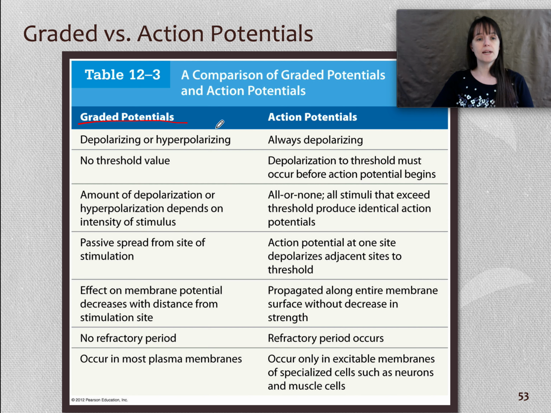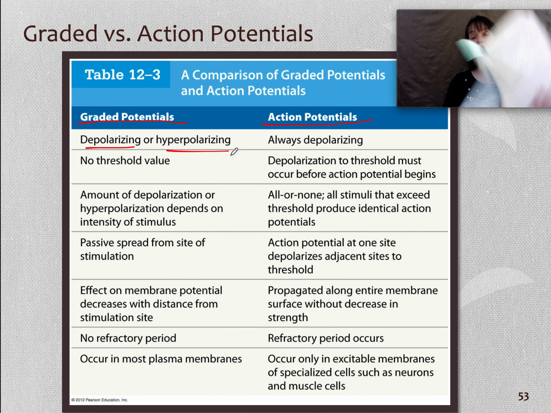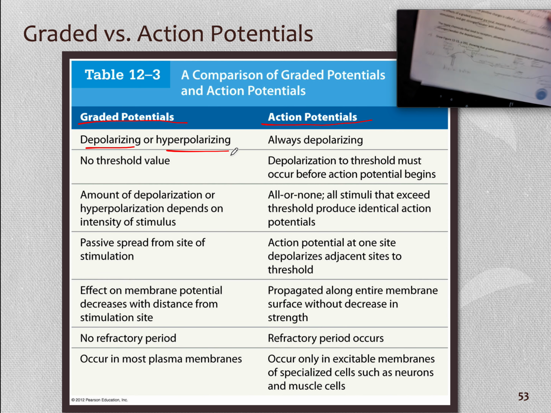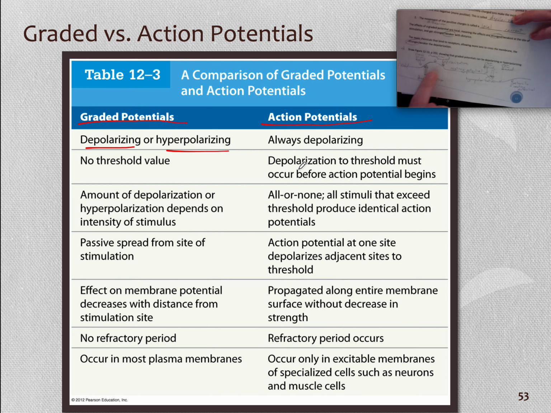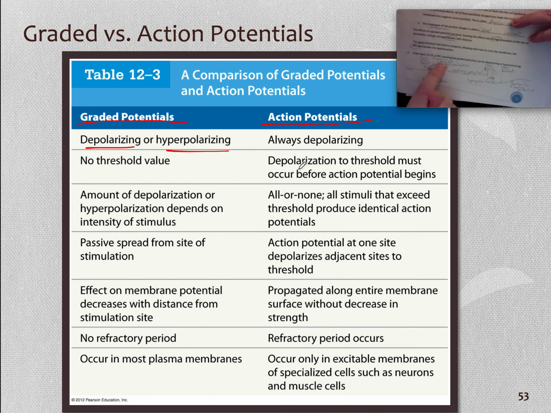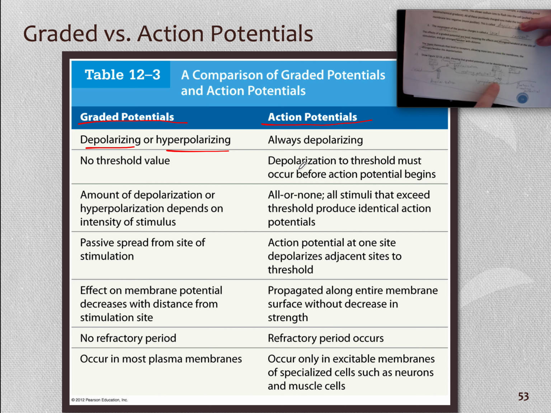So we're going to compare graded potentials to action potentials. Graded potentials can be either depolarizing or hyperpolarizing, and we drew that picture to make that concept really hit. The depolarizing goes up, the hyperpolarizing goes down.